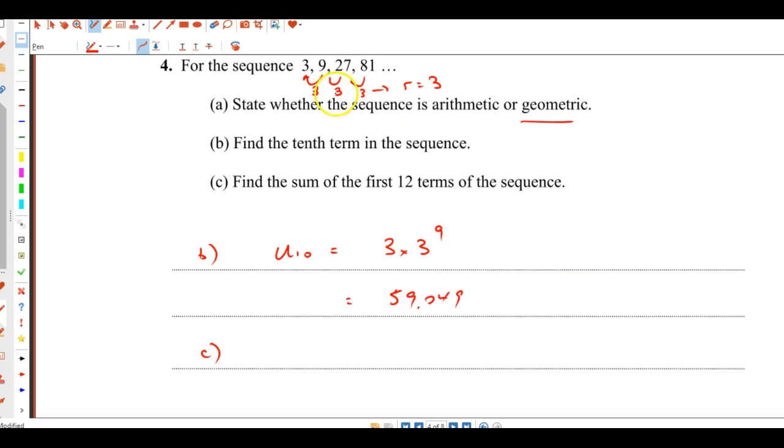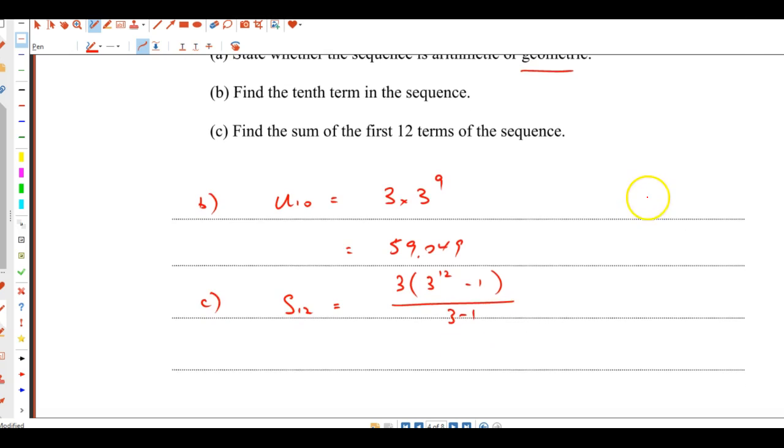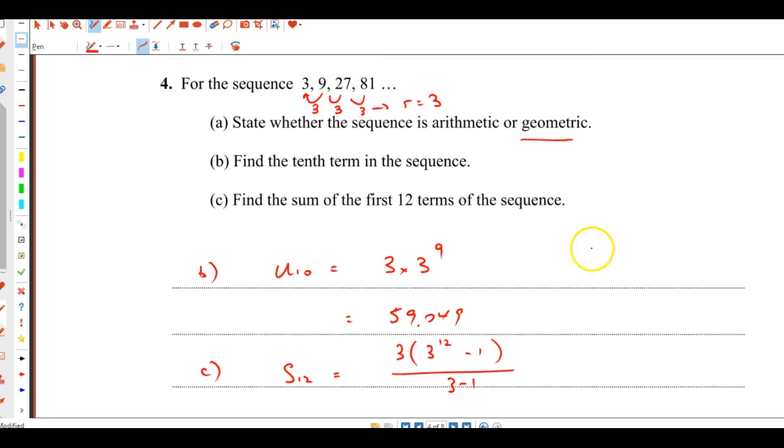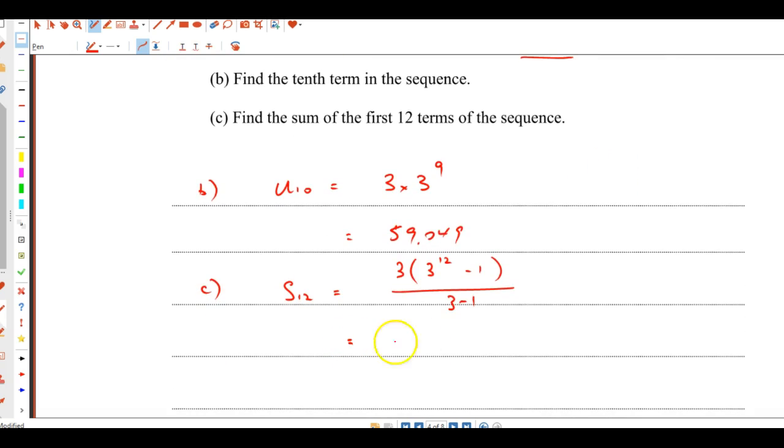So remember, u1 is 3, our ratio is 3, so our sum of the first 12 is u1, which is 3, by 3 to the power of n, which is 12, minus 1, over 3 minus 1. That's r minus 1 there. So that's 3 by 3 to the 12 minus 1 over 2.